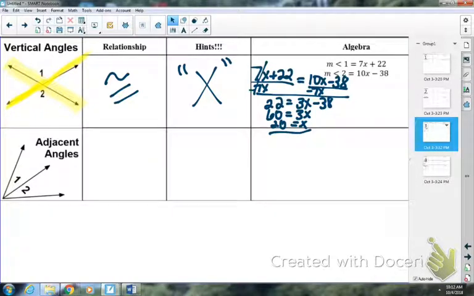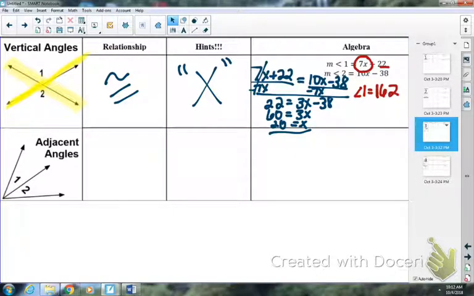That worked out a little easier mental math-wise. If we were just asked to find x, we'd be done. X is 20. If I have to find an angle, we plug it back in. For angle 1, what's 7 times 20? 140. What's 140 plus 22? 162.